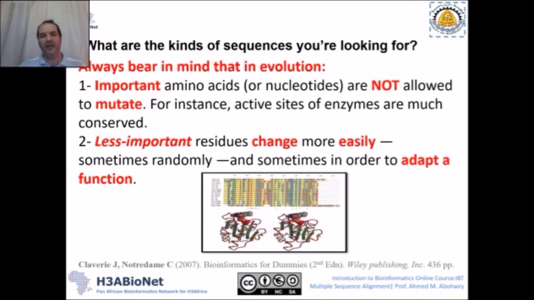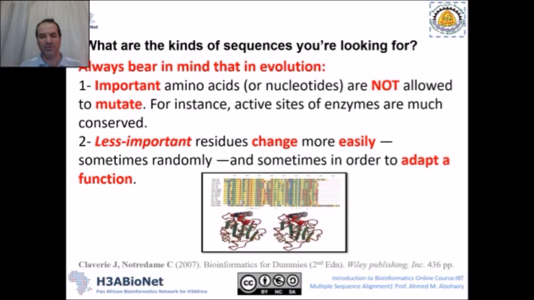Now we have seen that there are many applications, but we have to consider something very important to understand: the places which are important amino acids or nucleotides are not allowed to mutate. So the most conserved part in your multiple sequence alignment is the sequences that do not mutate. That's why this is the most important part in your sequence. Usually you can see that the domains and the active sites in your proteins are the most conserved places.